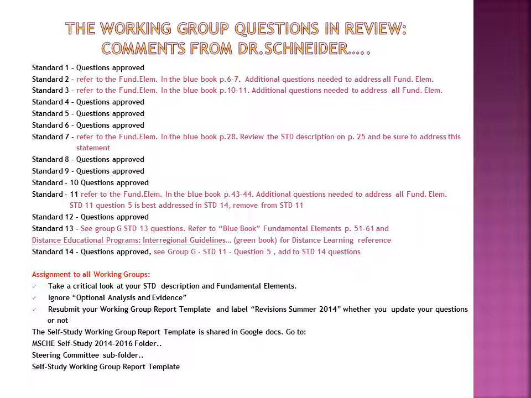This slide presents Dr. Schneider's feedback on the success of the working group's questions in addressing the fundamental elements of each standard of excellence. As you can see, there is work to be done. Even though some groups may not need to make improvements to their questions, I am asking that all groups take a critical look at their questions and resubmit them as noted to be incorporated into the revised self-study design report.